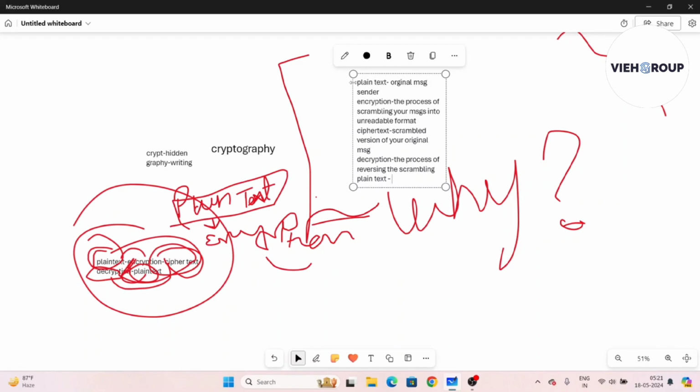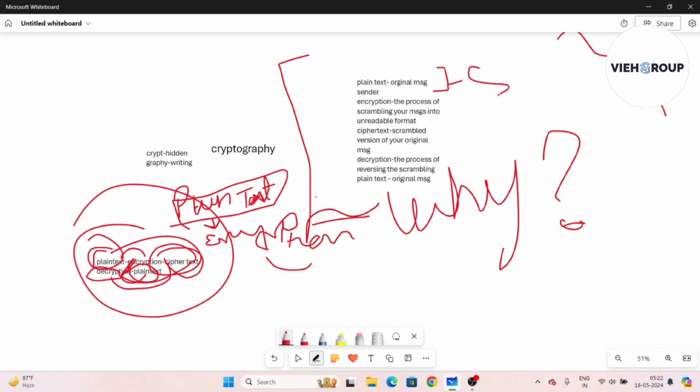This one is the sender, and this plain text is the receiver, and this part is protected or secured.